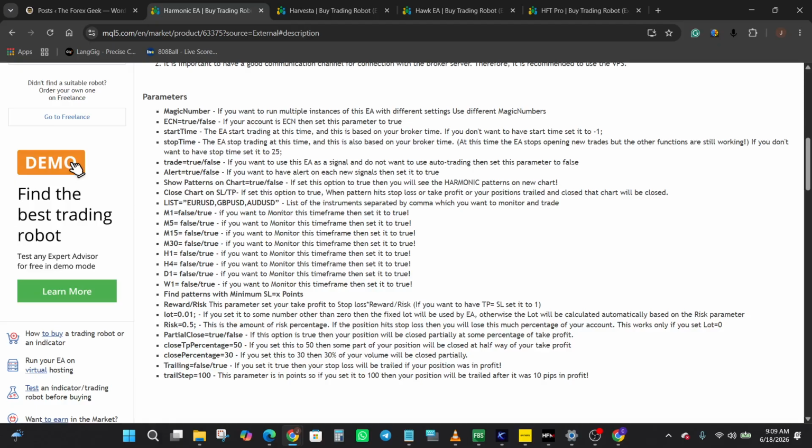There are also options for ECN account compatibility and automatic lot sizing based on percentage risk. The developer notes that performance tends to be stronger on higher time frames and also recommends maintaining a reliable connection to the broker, ideally through a VPS environment.